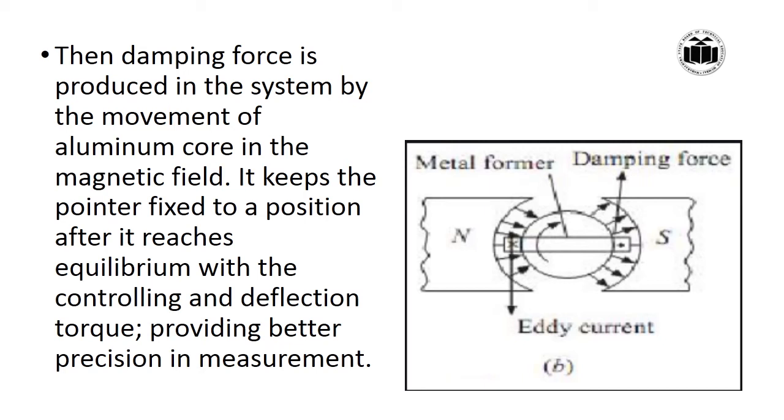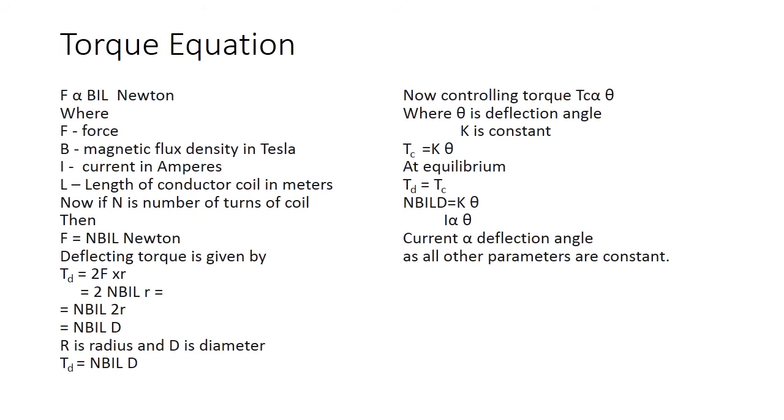It should become steady immediately after it reaches its final steady state value. This is the torque equation, and we have derived that current is directly proportional to the deflection angle.